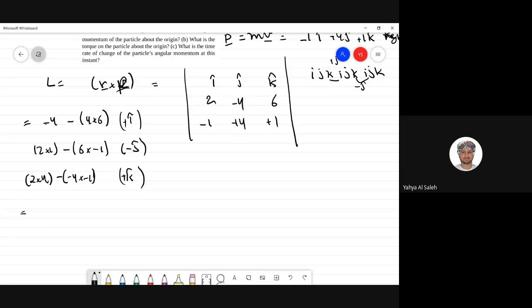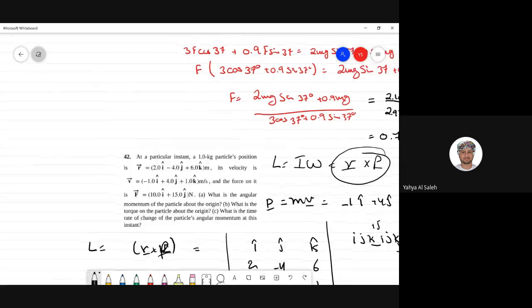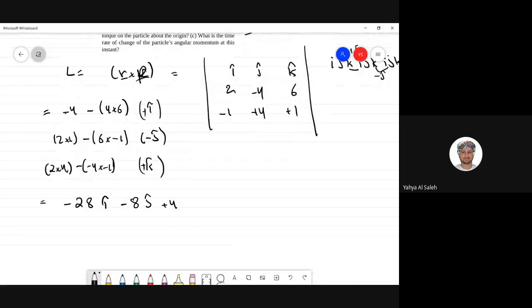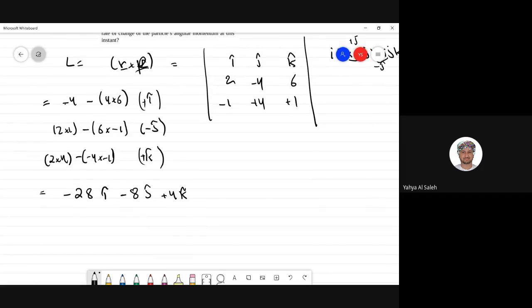So minus 4 minus 24, that will be minus 28i. 2 minus minus 6, that's plus 8, but in the minus j direction, so we'll have minus 8 in the j direction. 8 plus 4... that's 12 in the k direction. So this is my angular momentum.